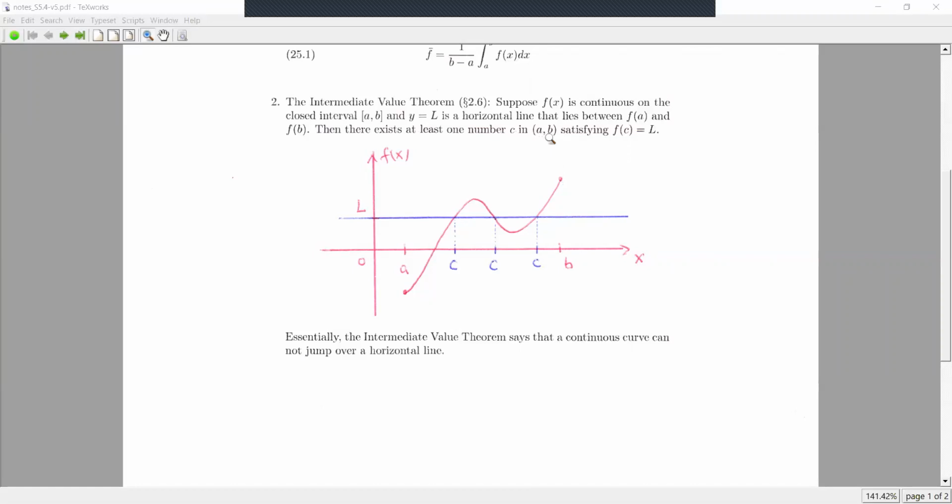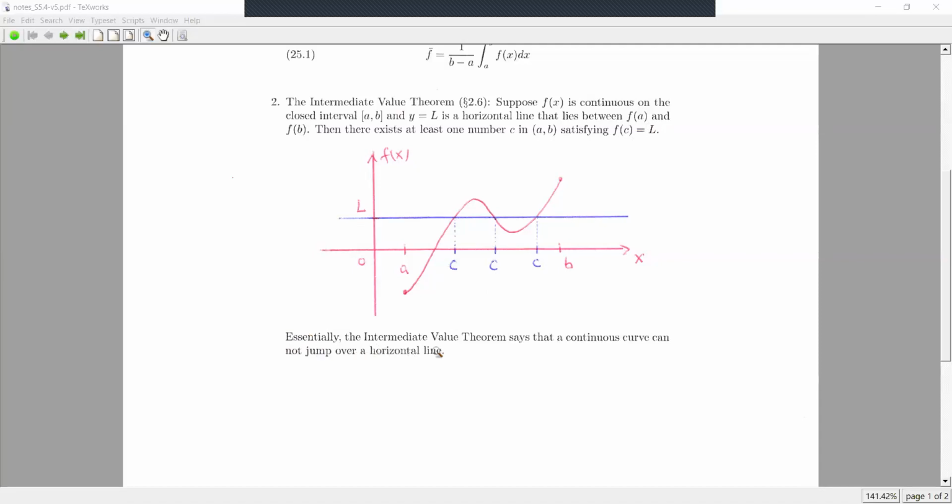C in the open interval AB means that C is greater than A and less than B. C is between A and B. Then there exists at least one point C between A and B, satisfying function value at C is the number L. In this diagram, there are 3 such C, where function value is the number L.